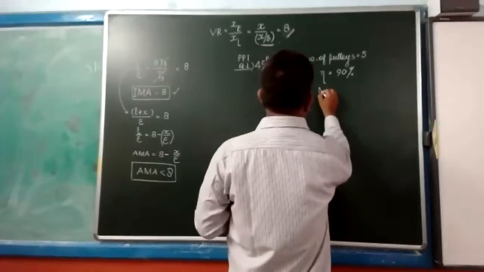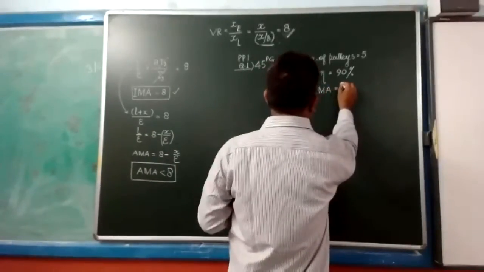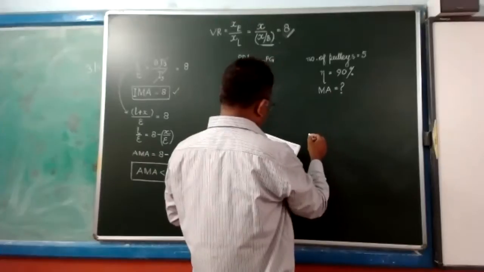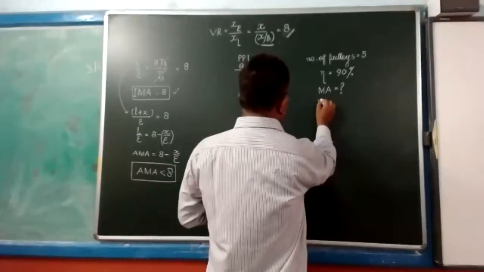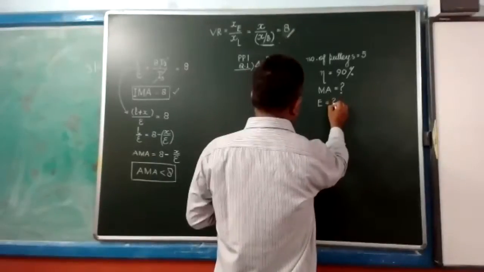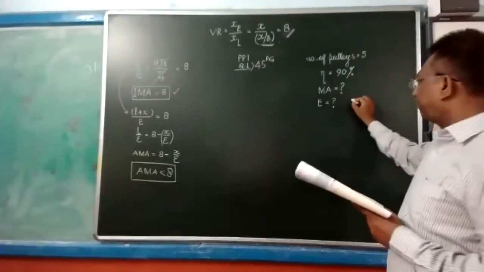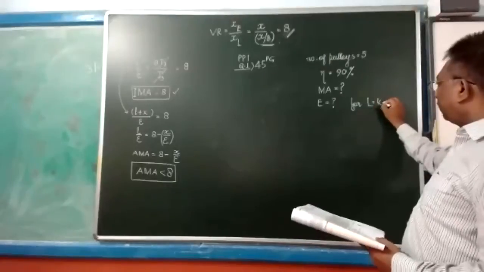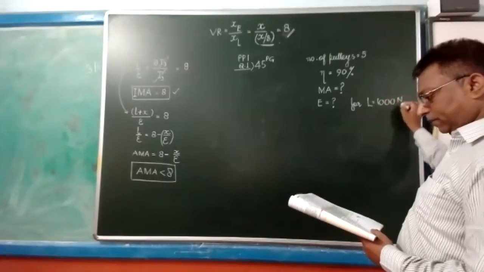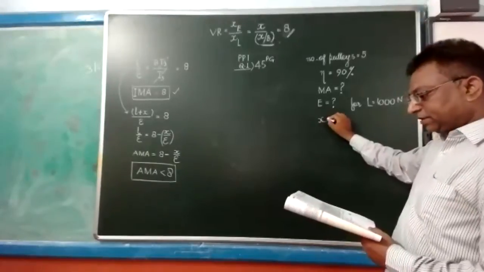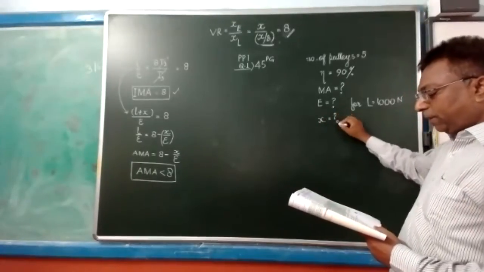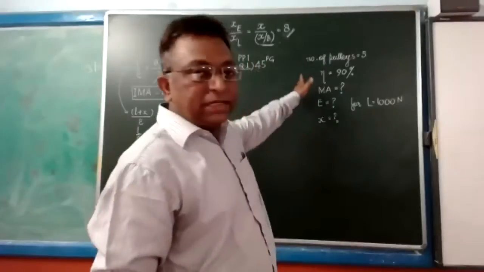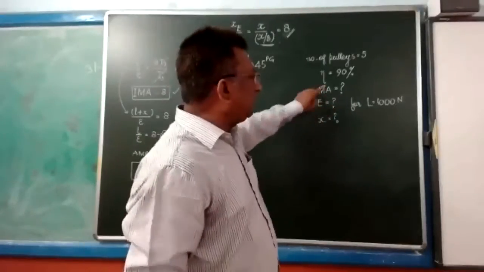Calculate the mechanical advantage. Here the actual mechanical advantage, MA, is asked. And calculate the effort required to lift a load of 1000 Newton, and the resistance due to the movable parts of the machine and friction. So using these values we will find the mechanical advantage.